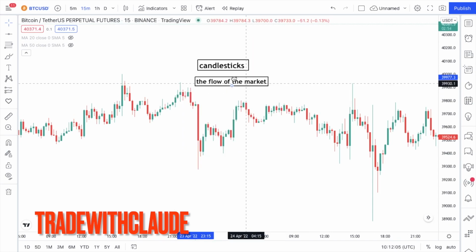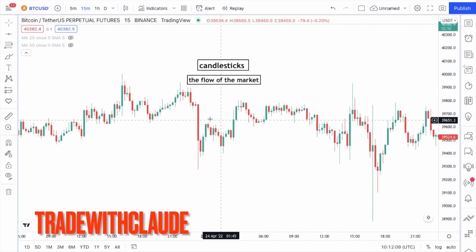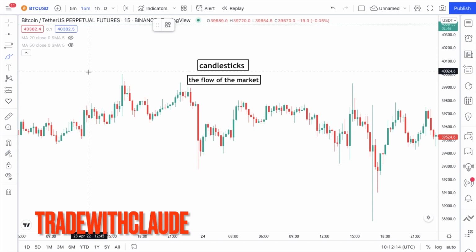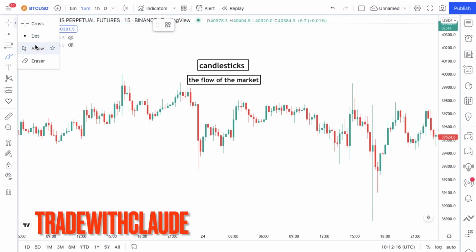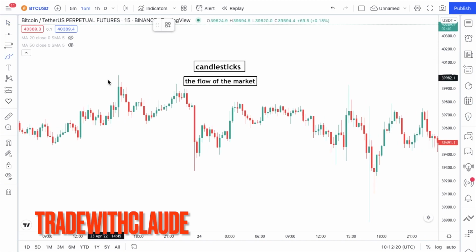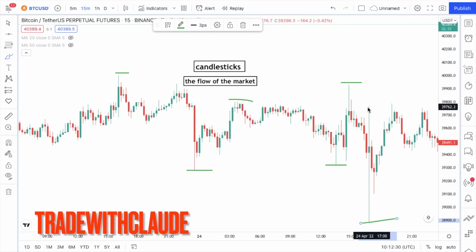So candlesticks are telling you that, okay my friend, the market is going up and down, up and down. Looking at this, you will see that this candle was high at this level, came down to this level, went this high, came this low, went this high.